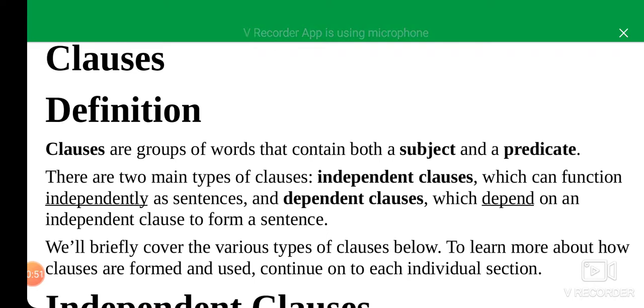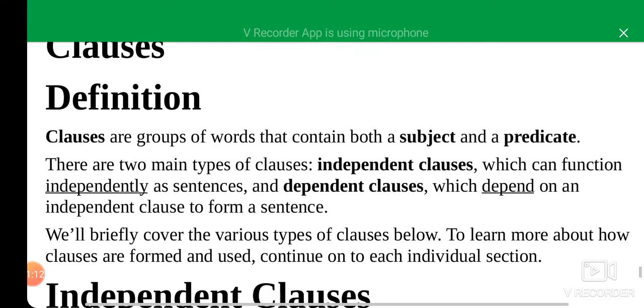What are clauses? Clauses are groups of words that contain both a subject and a predicate. Subject, as you know, is a part of the sentence that we are talking about, and predicate is a part of the sentence that gives us information about the subject.